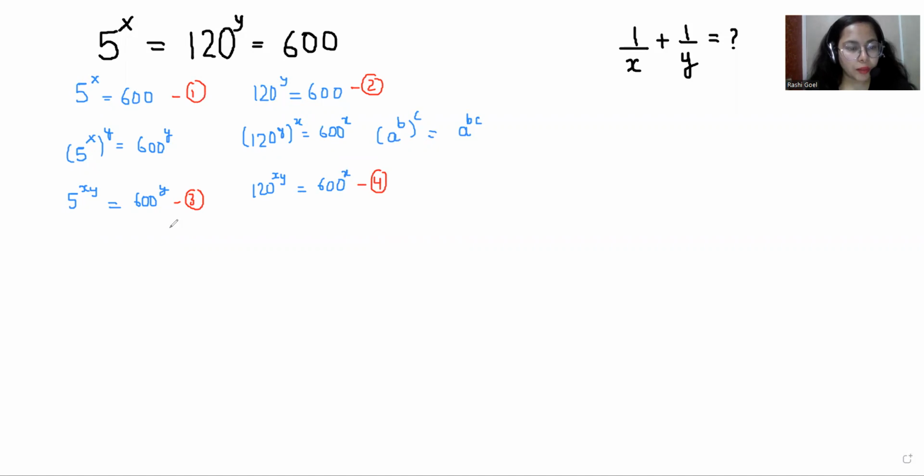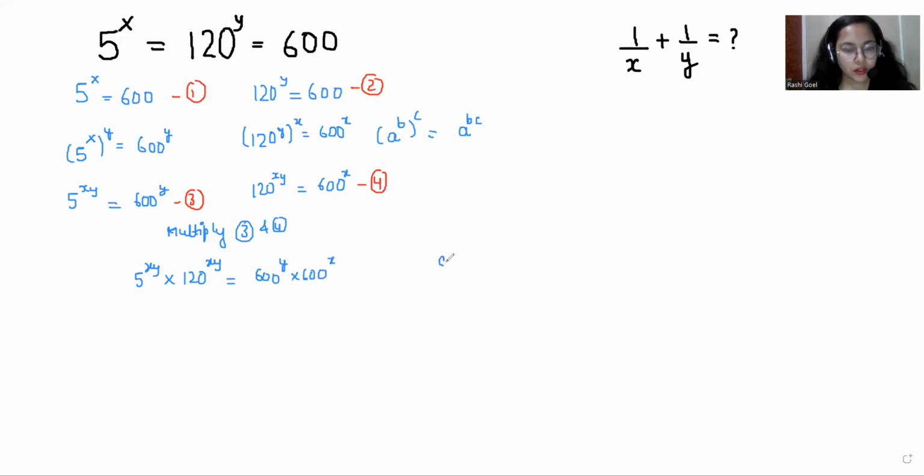If I multiply equation number 3 with the 4th, I'll get 5^(xy) multiplied by 120^(xy) is equal to 600^y multiplied by 600^x.